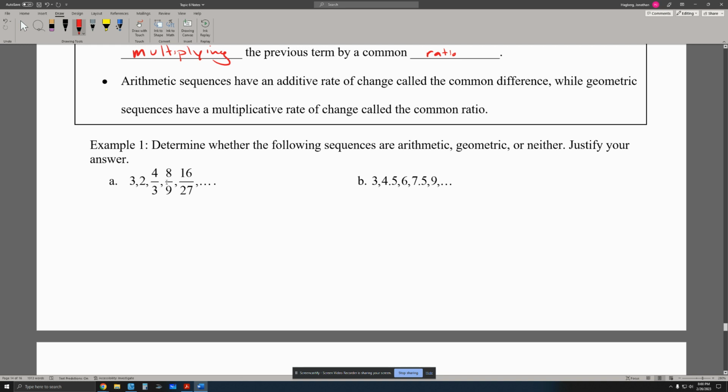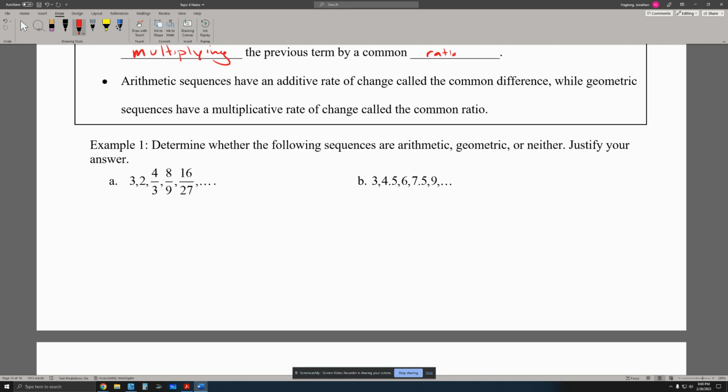Okay, so I want to determine whether these sequences here are arithmetic, geometric, or neither, and I need to justify my answer. So if I'm looking at sequence A, we're going from 3 to 2. That would be like subtracting 1, or from 2 to 4/3, that'd be like subtracting 2/3, right? Because we're not subtracting the same amount, we know that this is not arithmetic.